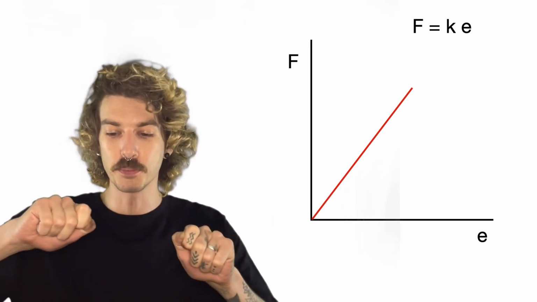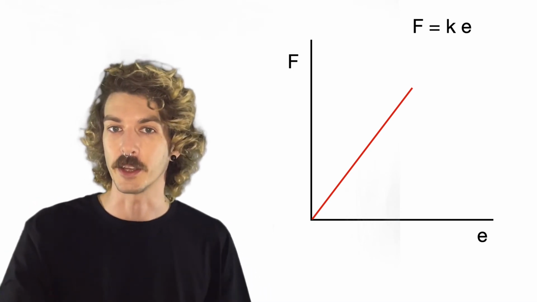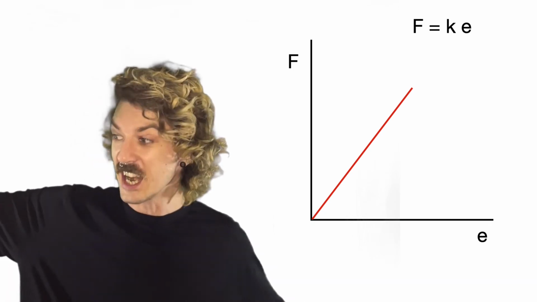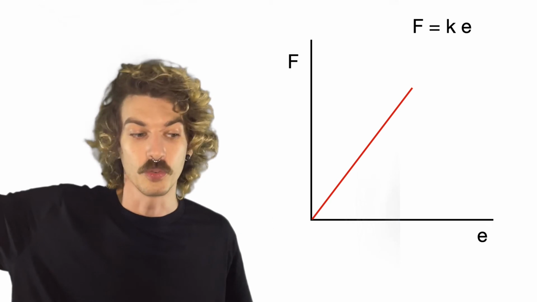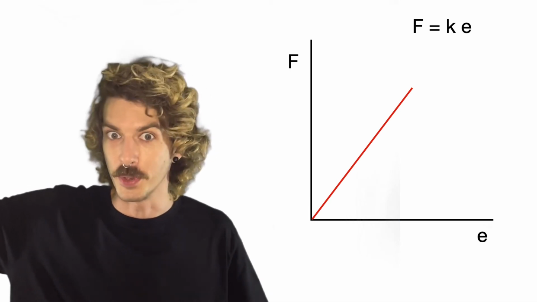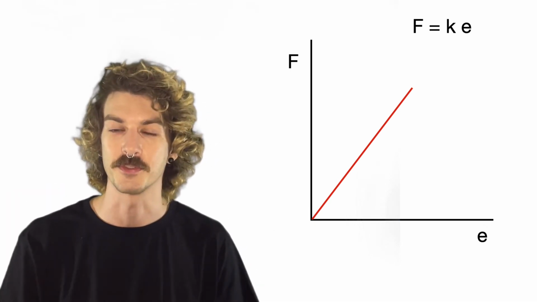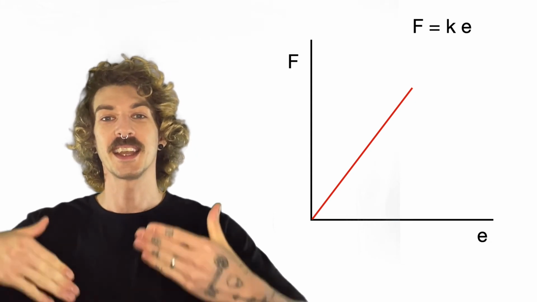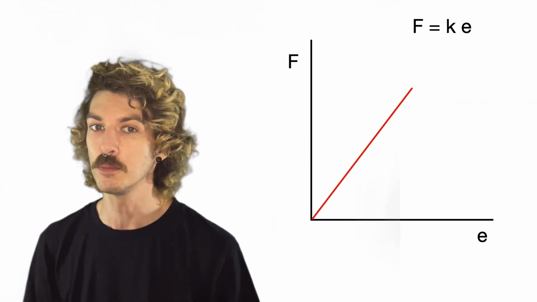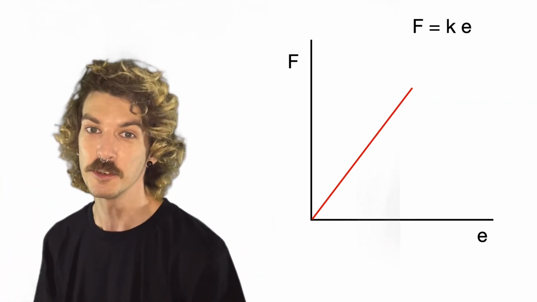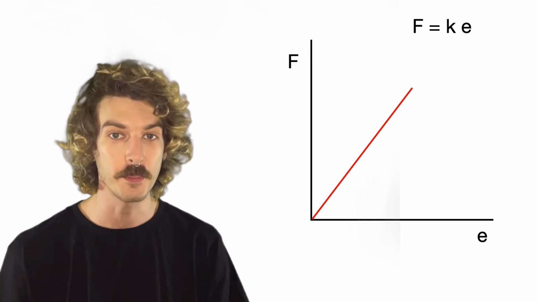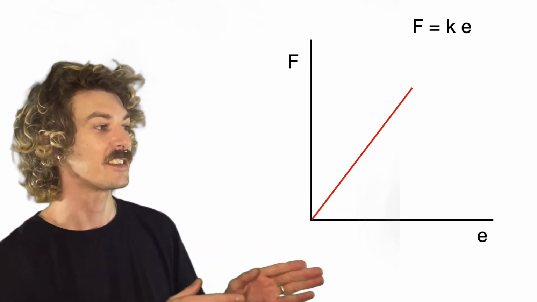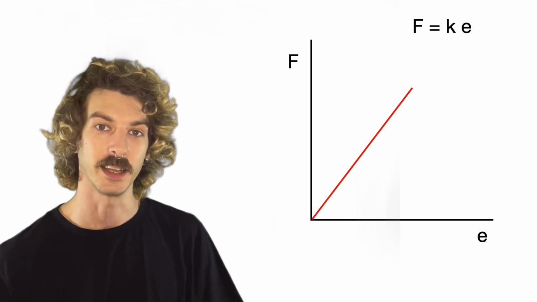If you've ever got a spring and stretched it a little bit and let it go back to its original shape, but then really stretched it hard, you'll realize that you've kind of ruined the spring. It doesn't go back to its original size and shape anymore. We say it has been inelastically deformed, it's been plastically deformed, it's gone past the limit of proportionality, and in that case the graph will start looking a bit like this.